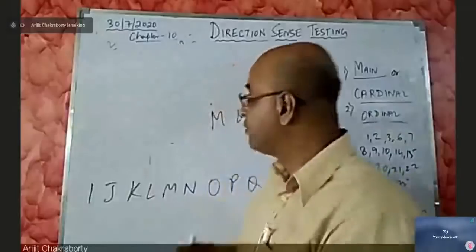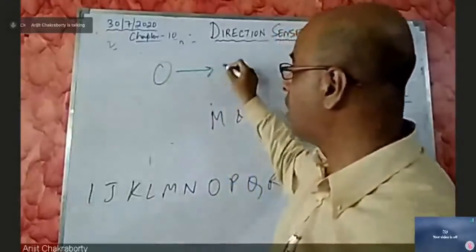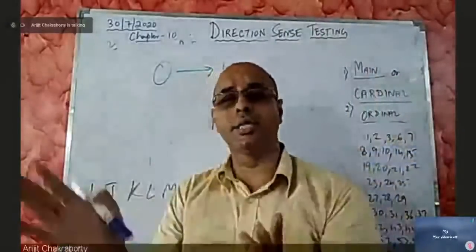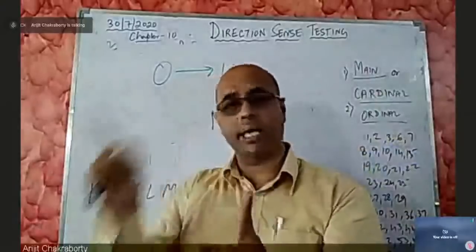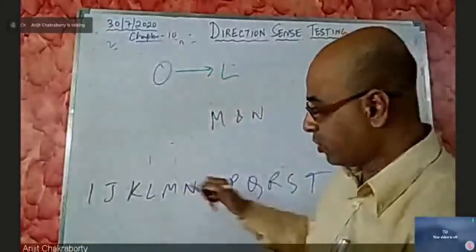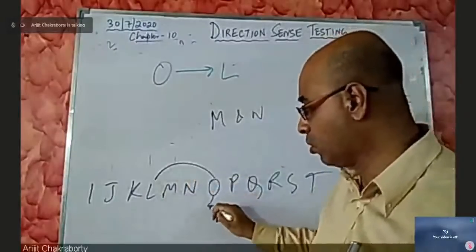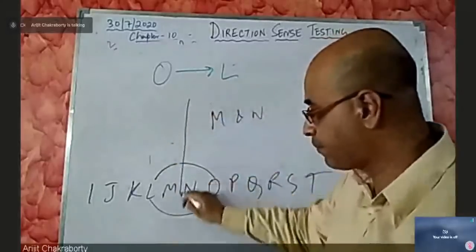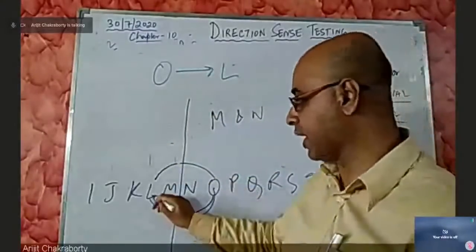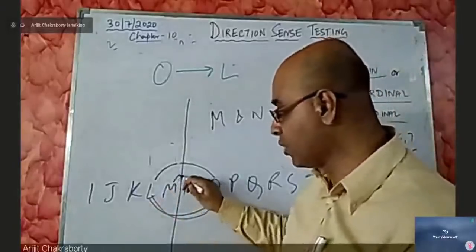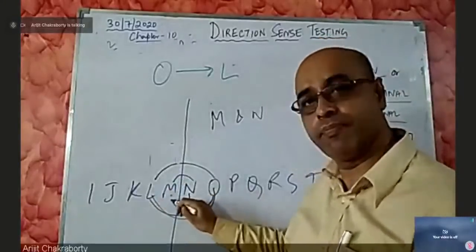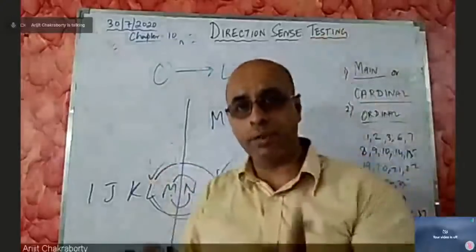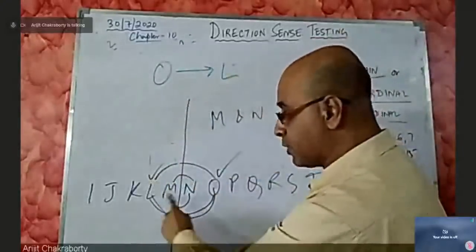The question said that letter O is shown as L and L as O. That means O and L are interchangeable, so I can say O's reflection is L. Now if L is the reflection of O and O's reflection is L, that means the line of reflection, the mirror, will be midway. So O becomes L, and M will become N and N will become M. Since O becomes L, it is evident, I hope Navneet you are clear, that the line of reflection is between M and N.